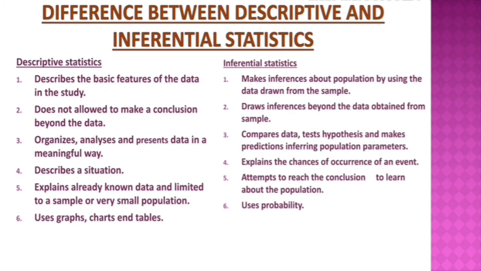Point number 5, descriptive statistics explains already known data and is limited to a sample or a very small population. So descriptive statistics explains the data which are already known to us, and it is limited to a particular sample or a very small population area.